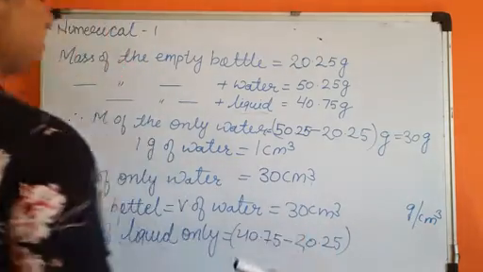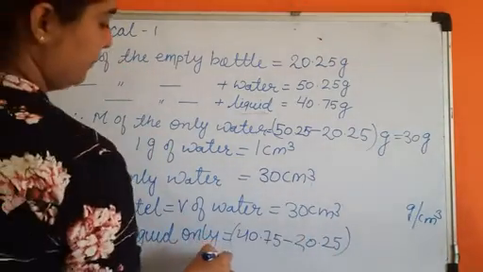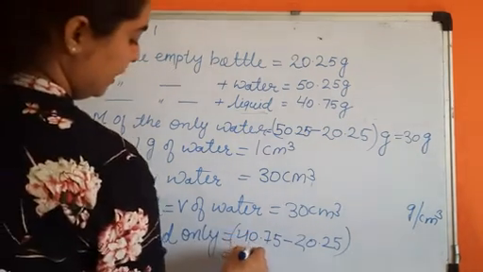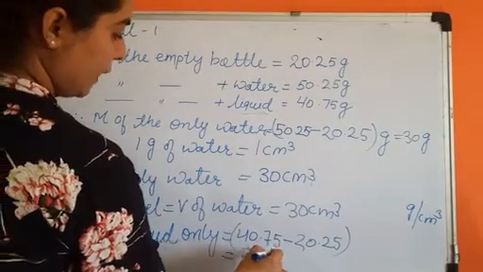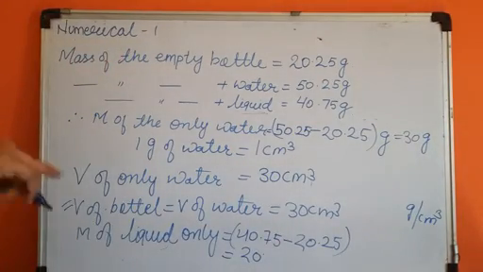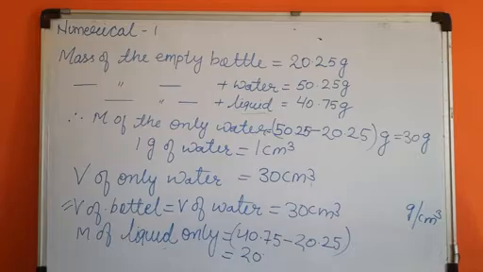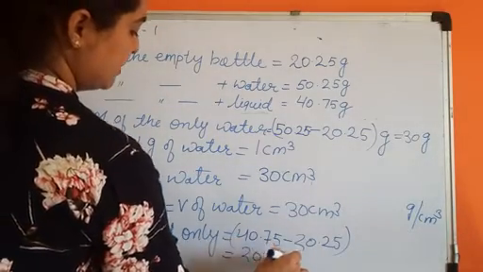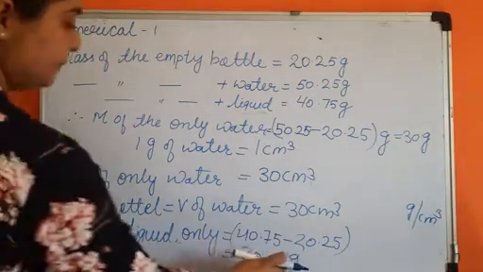Here we will get the mass of only the liquid. By subtracting it, you will get 20.50 grams, because it is mass.